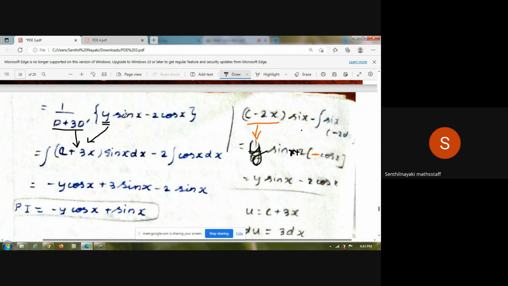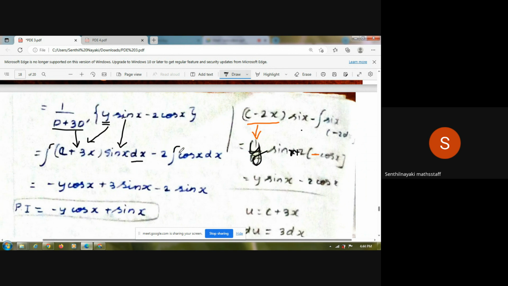So c plus 3x into sin x, here there is an integral term, therefore dx minus 2 integral of cos x dx. Because here the factor is in the denominator, therefore either 1 by d or 1 by d dash we have to integrate.